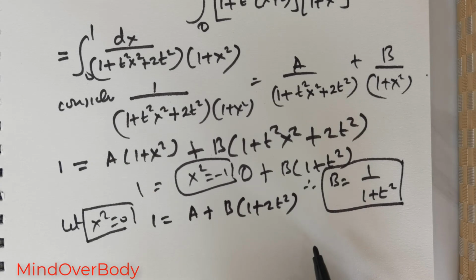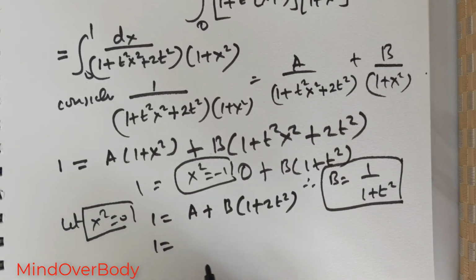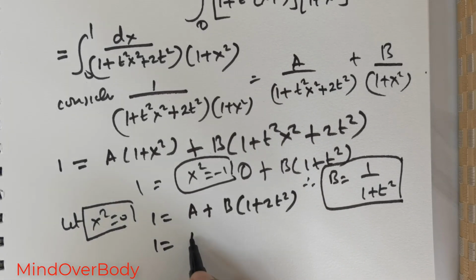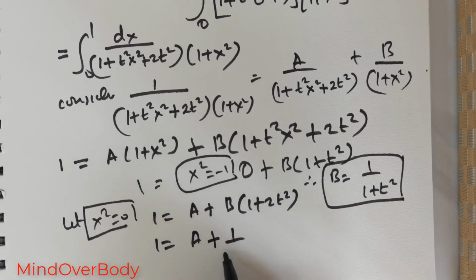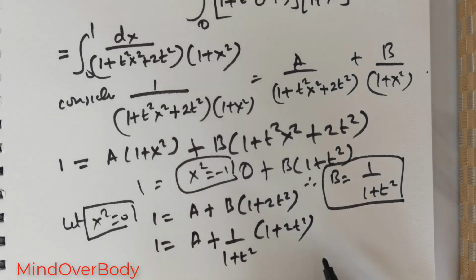Now clearly you can place in the value of B here. So if I were to place the value of B, then this would be equal to 1 over 1 positive t squared times 1 positive 2 times t squared, right?